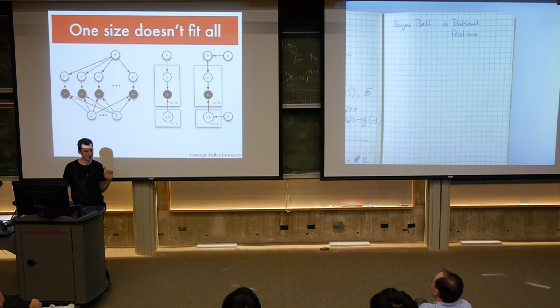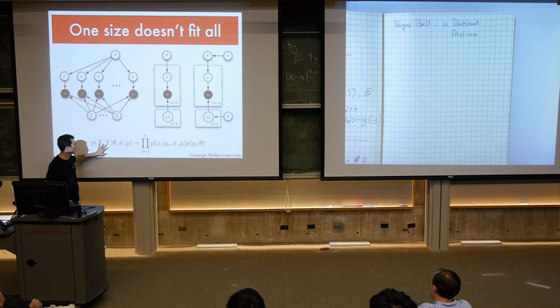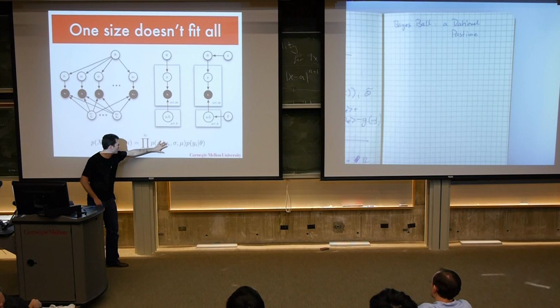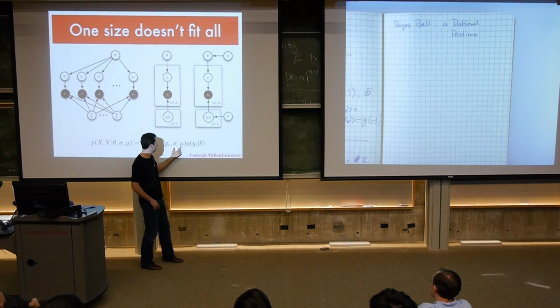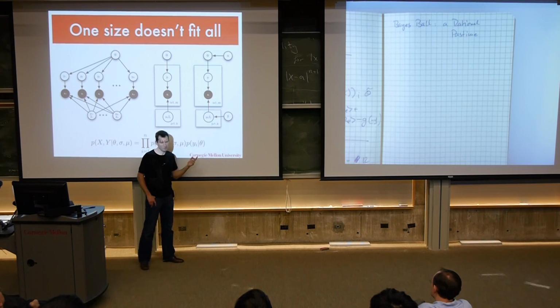So remember, the things that we did before now come in really handy. Let's write out the joint distribution, P of x and y. Mind you, I don't observe the y's, but suppose I did. Then the joint distribution would be P of xi given yi, sigma and mu, times P of yi given theta.